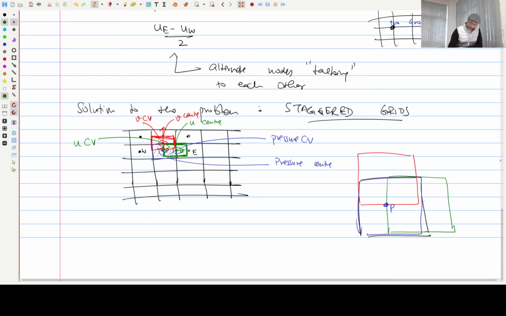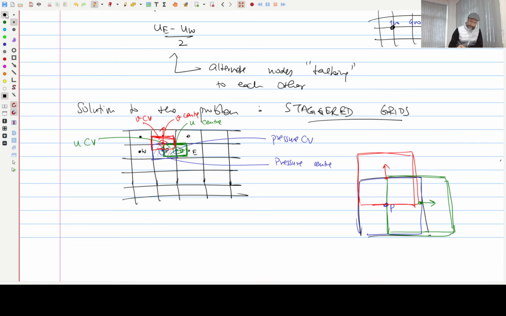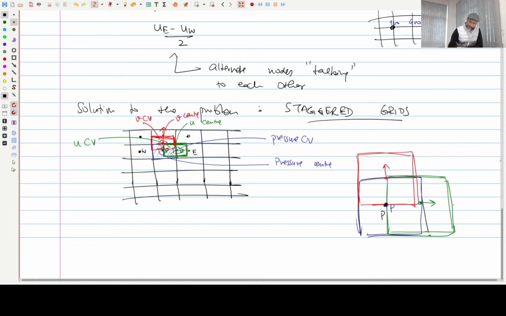The x velocity is defined at this point, so this is the x velocity control volume, and the y velocity is defined at this point. So this is the y velocity control volume. For naming convention, we are still using the same: this is P, this is our eastern face, this was our northern face, capital E node was here, capital N node was here.